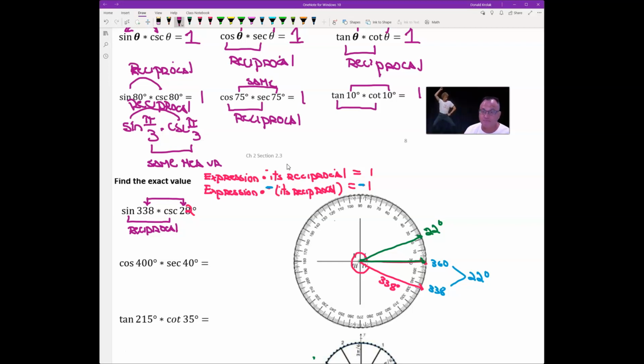So if you recall, the sine is the y coordinate. In this drawing here, the y coordinate is how far this point is from the x-axis.